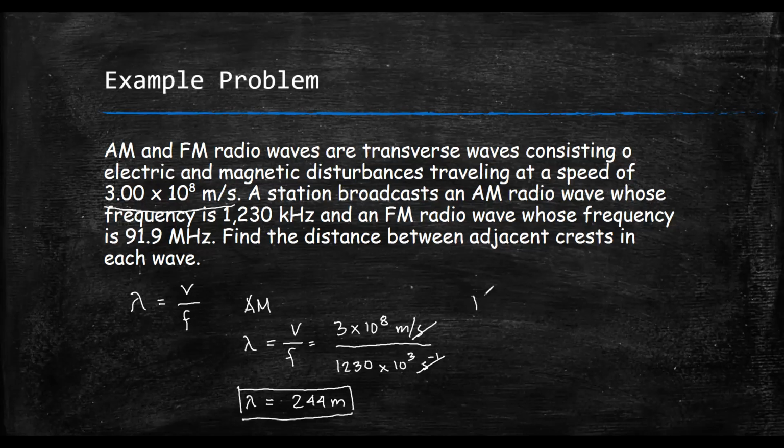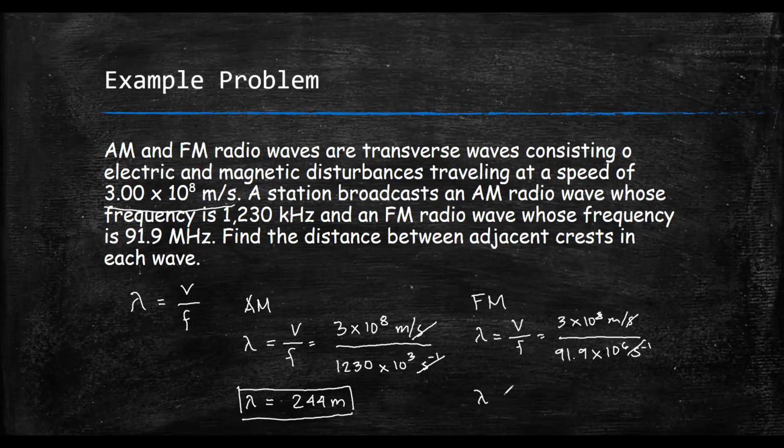Now, for the FM wave, using the same formula of wavelength and the same velocity of 3 times 10 raised to 8 meters per second, the frequency for FM is 91.9 mega, which is times 10 raised to 6. Cancel the unit for time.